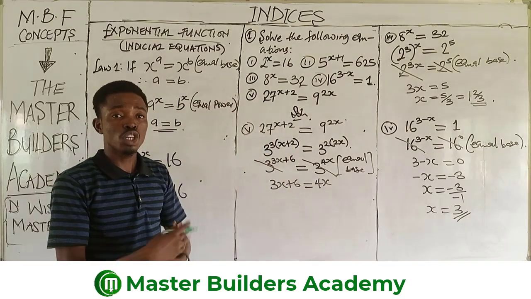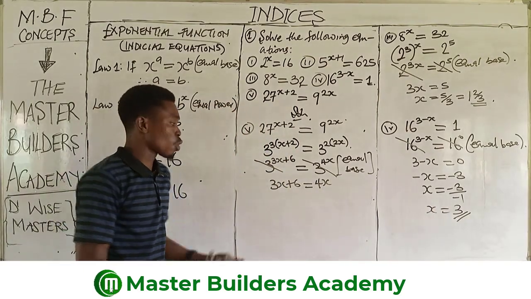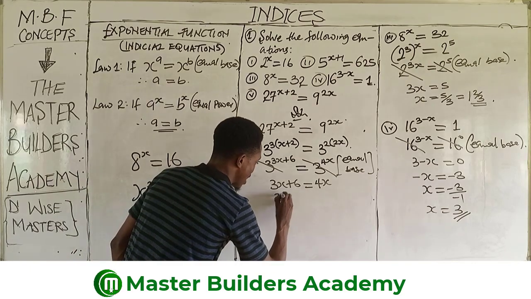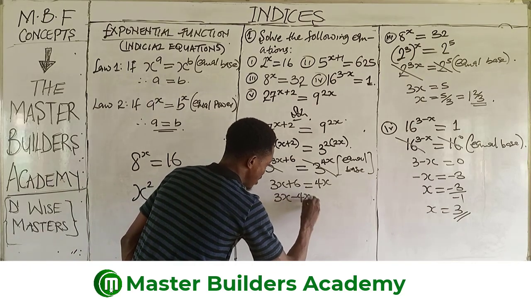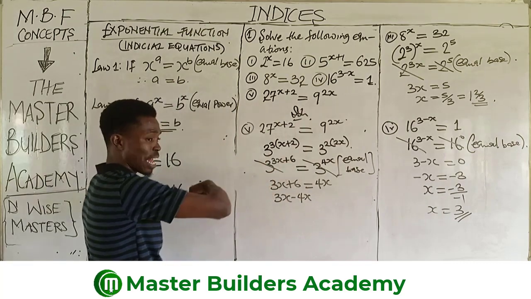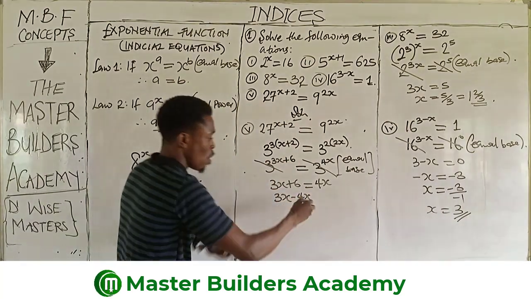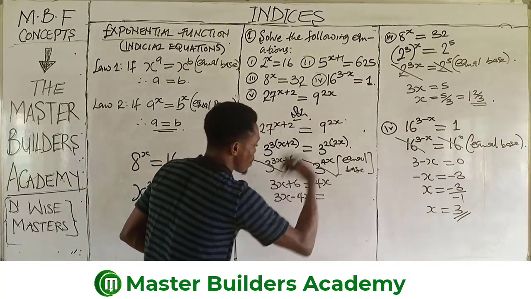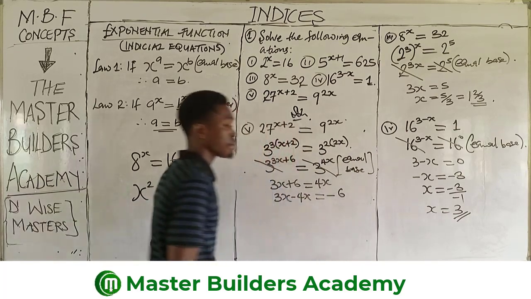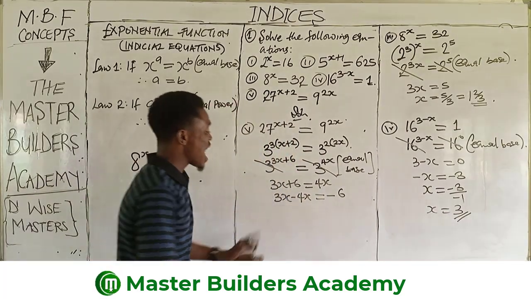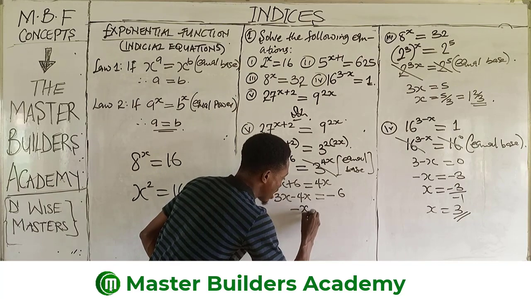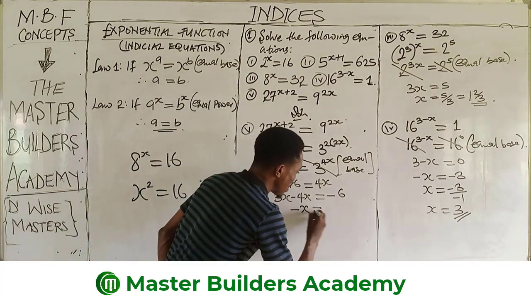All we simply need to do is to collect like terms. So we are going to have 3x minus 4x, as plus 4x crosses from the right to the left, it turns to minus 4x. And as plus 6 crosses from left to right, it turns to minus 6. Now, when we remove 4x from 3x, we are going to have minus 1x, which is equivalent to minus 6.